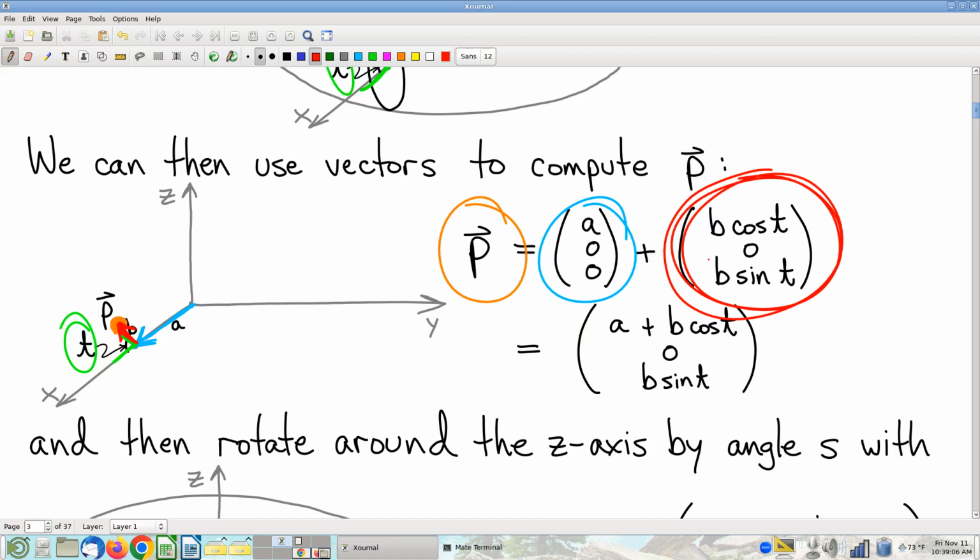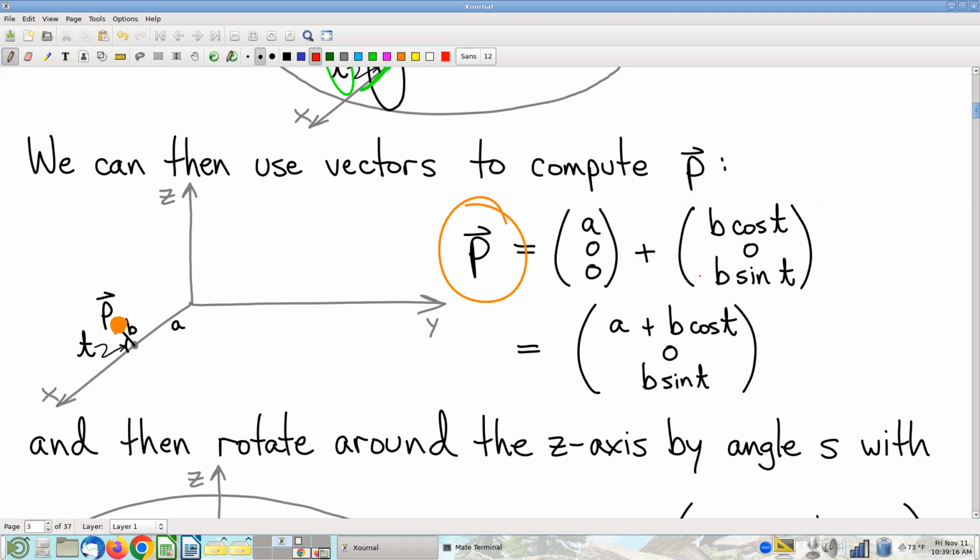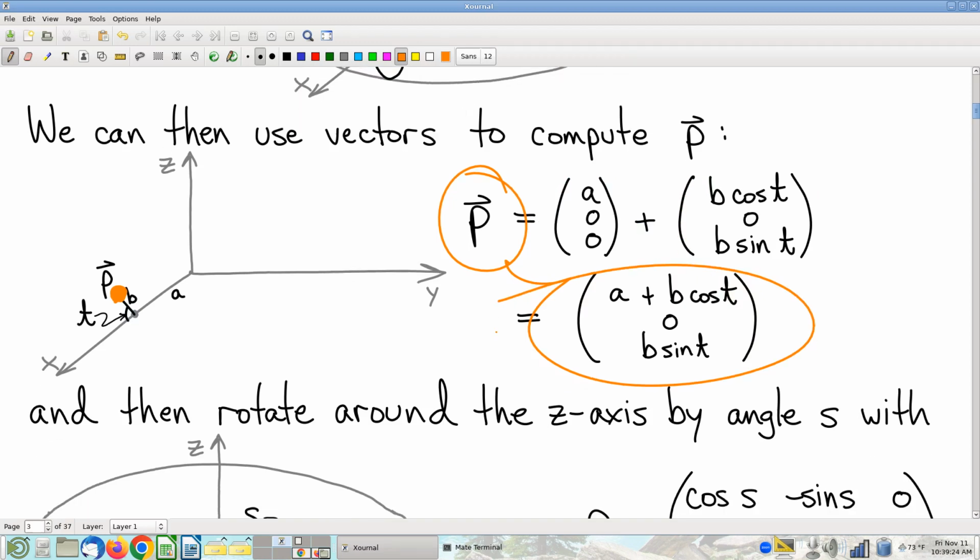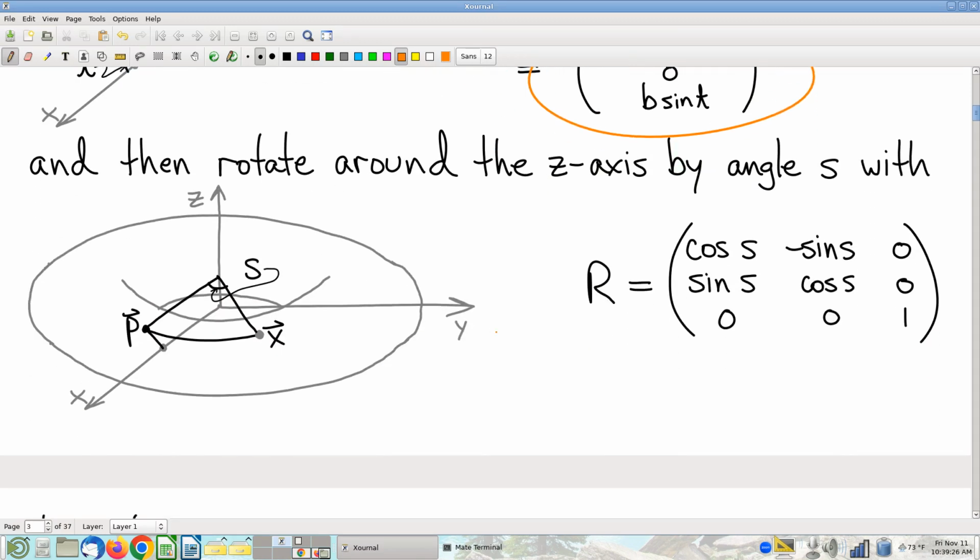Okay, so we had to use some vector algebra there to figure out where this P point is. And now that you have P, how am I going to get the point I'm actually interested in? We know P, but my actual location is there.